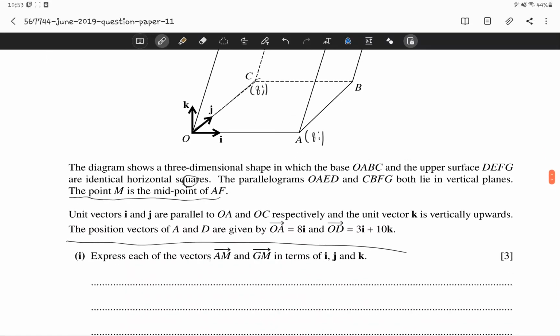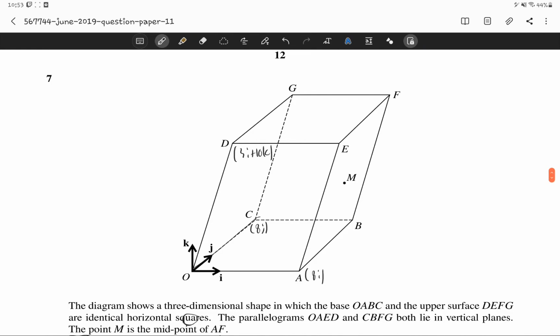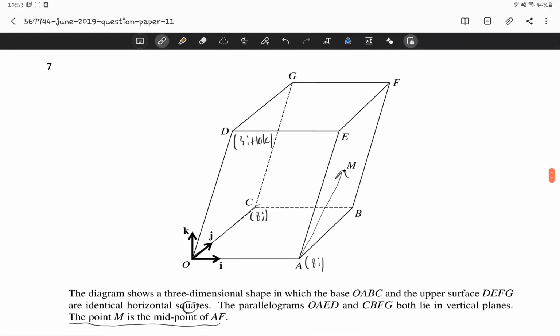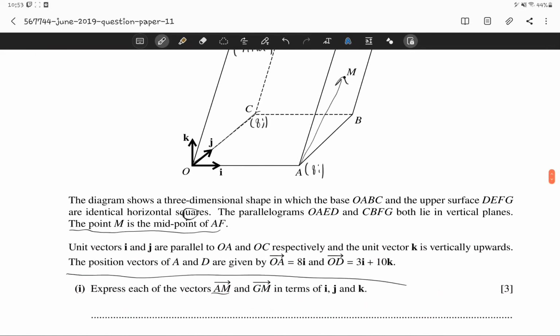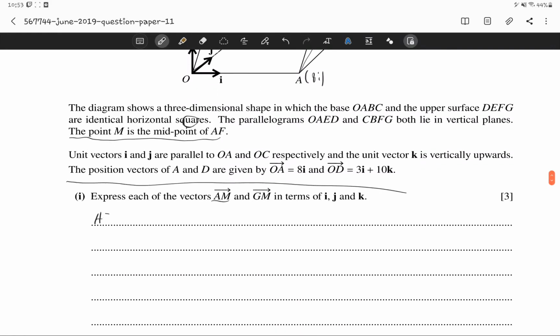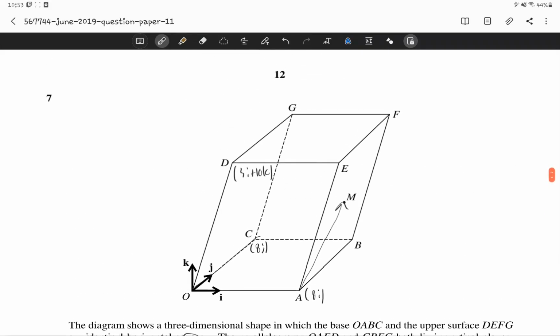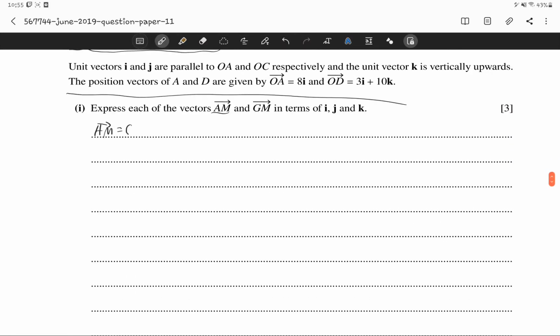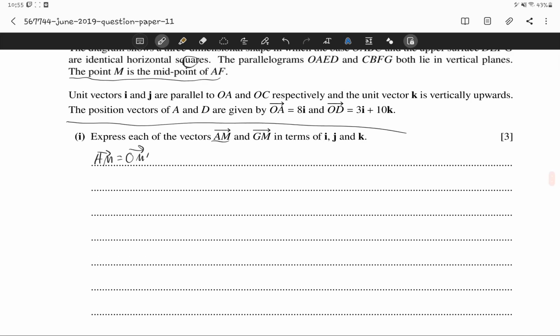What does it say? From A to M. A to M. And M was the midpoint of AF. Okay, so AM, the vector AM is the same as, let's say the midpoint of OG is M dash. So this will equal OM dash, the vector of that.